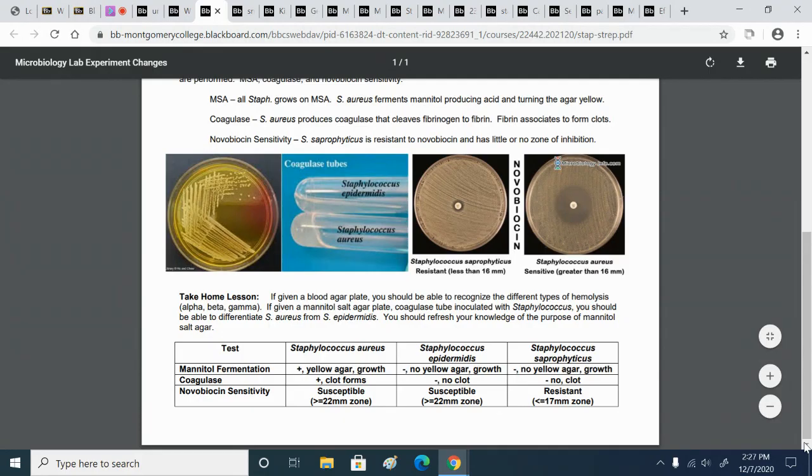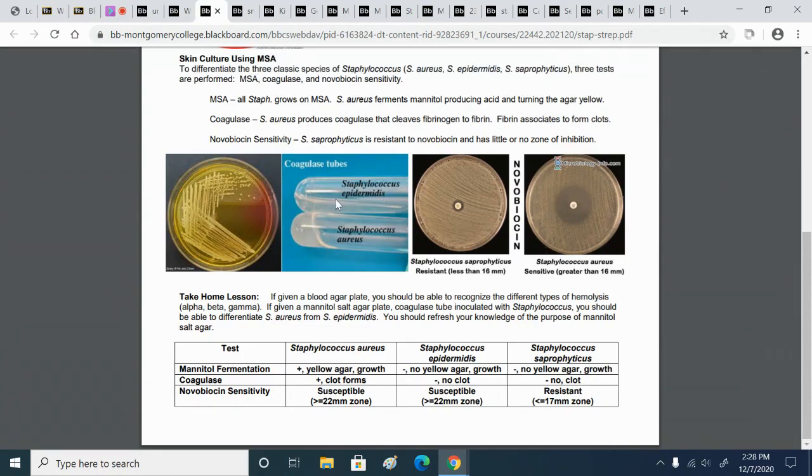Coagulase is an enzyme that cleaves or splits fibrinogen to form fibrin, and those fibrin proteins associate to form a clot. And so the broth gets very thick and sticky. So we see a clot here, and the Staph aureus is positive for coagulase. Epidermidis and saprophyticus are negative for coagulase, and so the broth is still liquid.